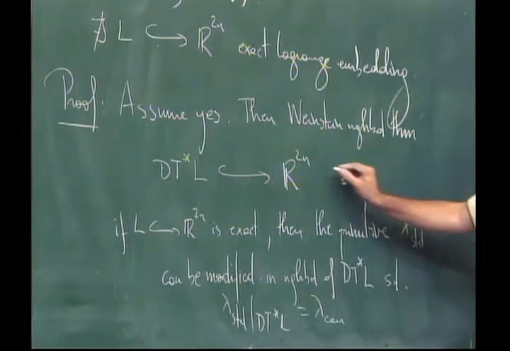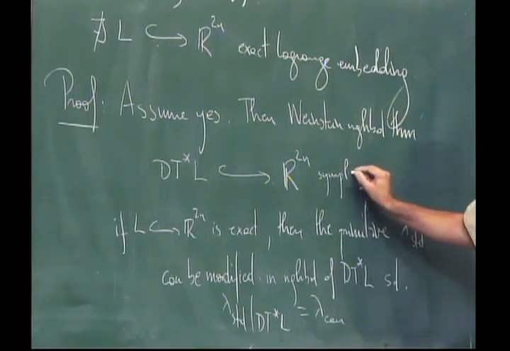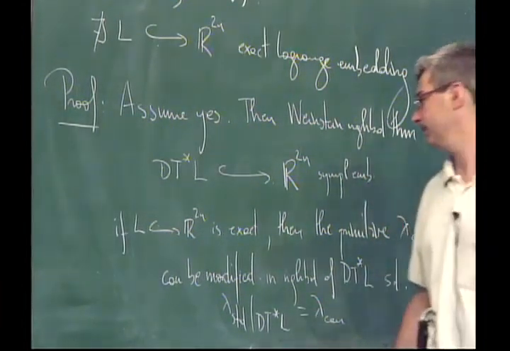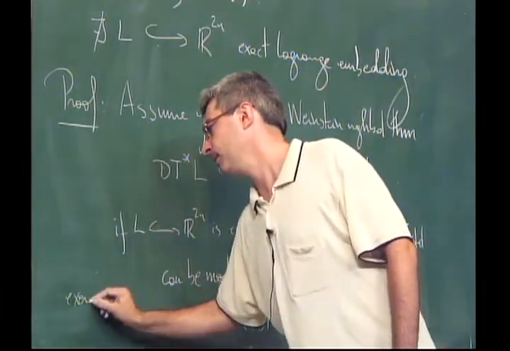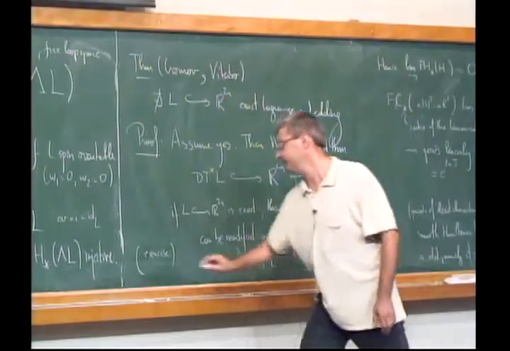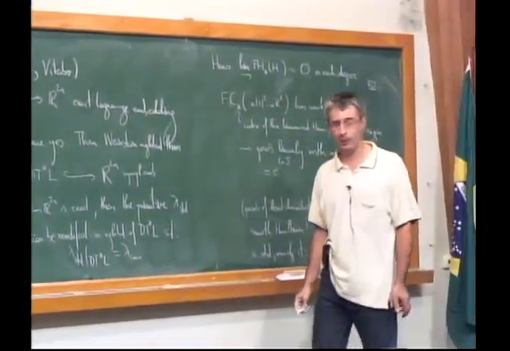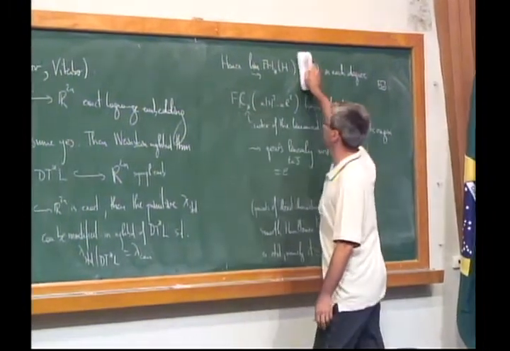That's a symplectic embedding. And this is a good exercise. You just interpolate between two primitives of the same one-form.